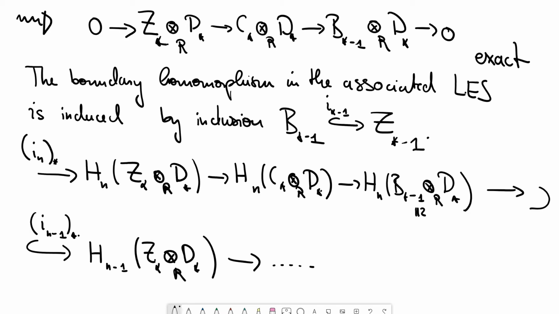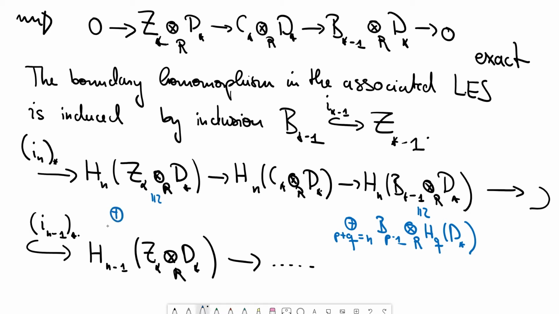This is, maybe I may do it in blue to distinguish it from the long exact sequence. This is isomorphic to the sum over p plus q equals n of B p minus 1 tensor H q of D star by the same argument as above. And also here we can say this is the sum over p plus q equals n of C p tensor H q of D star.